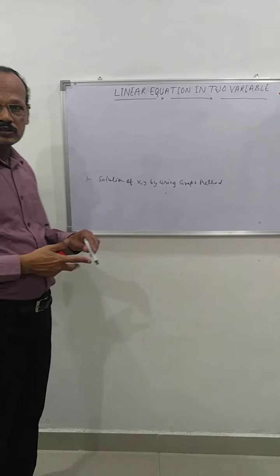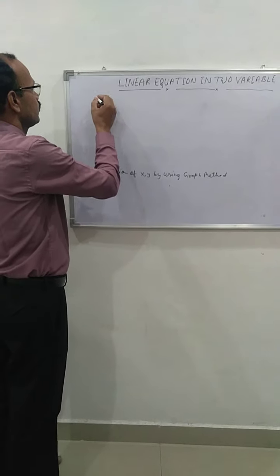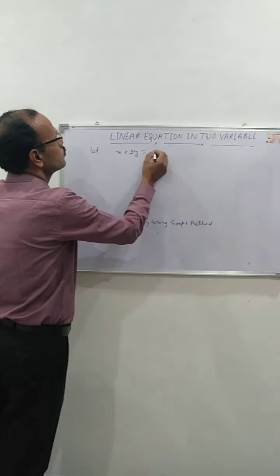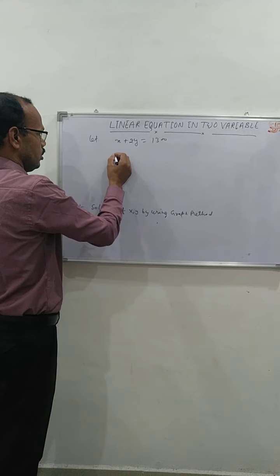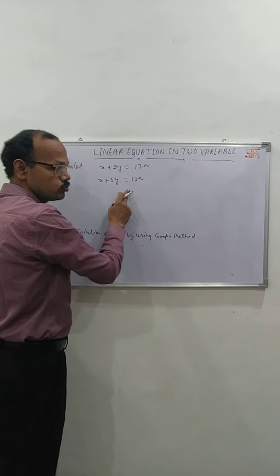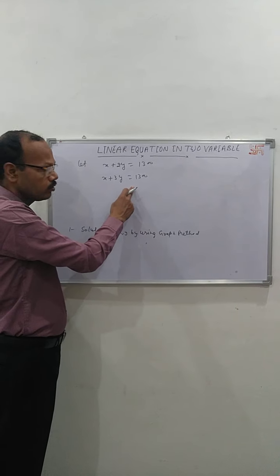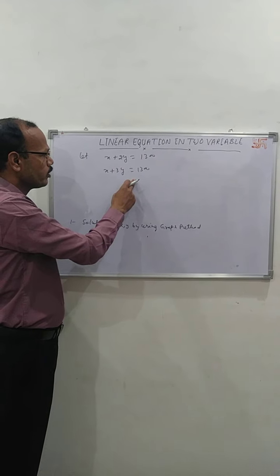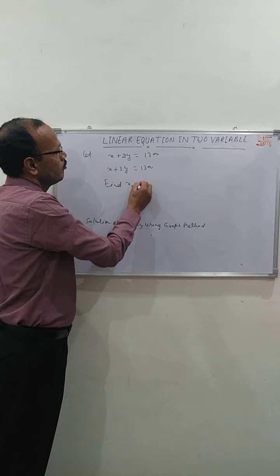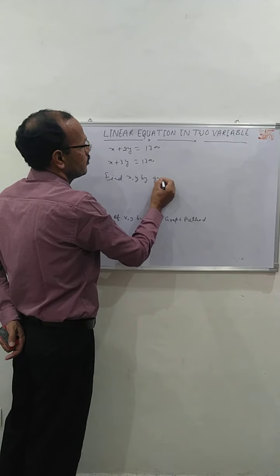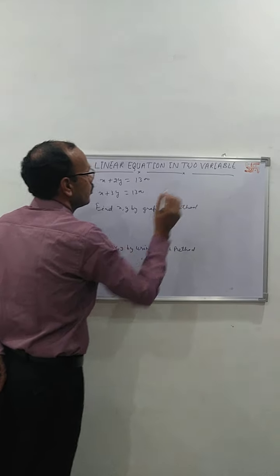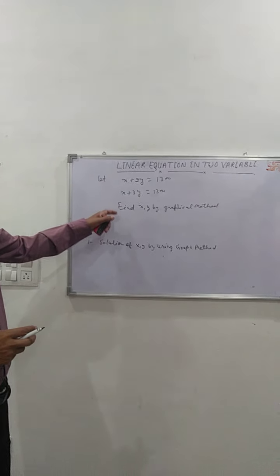To describe it, we will consider an example. Let x plus 2y is equal to 1300 and x plus 3y is equal to 1300 be two linear equations in pair form, and we have to find the value of x and y by the graphical method. So how can we find it?